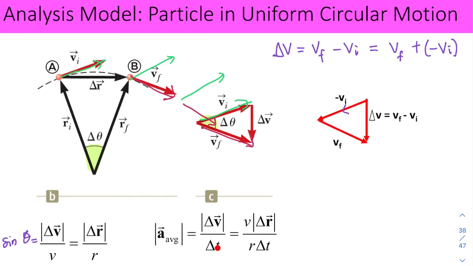What is delta V over delta T? The delta V itself from here, to have a delta V over V equivalent to delta R over R. So to have only delta V is equivalent to delta R over R times V. So this is what is happening here.